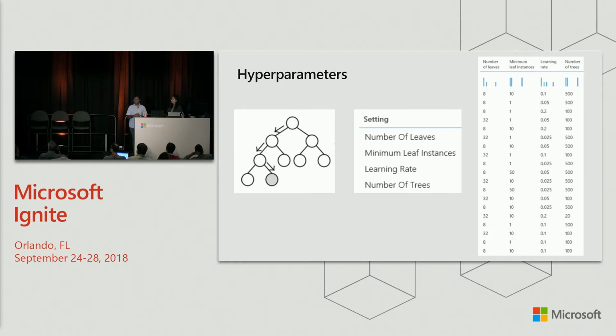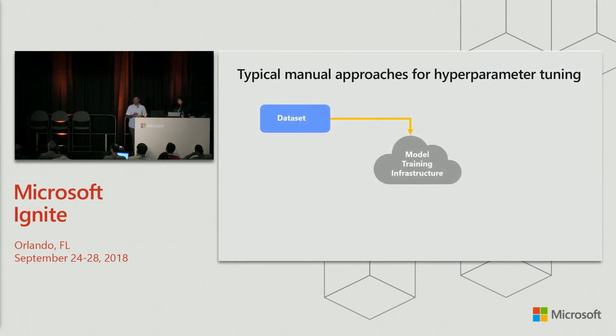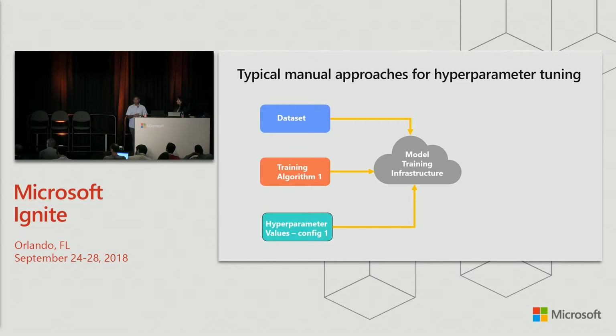Let's see how manual this process is. You start with the data set, you choose an algorithm, then you tune hyperparameters for that particular algorithm. You get a model, you evaluate that model with some test data to see whether it is performing to your expectations.